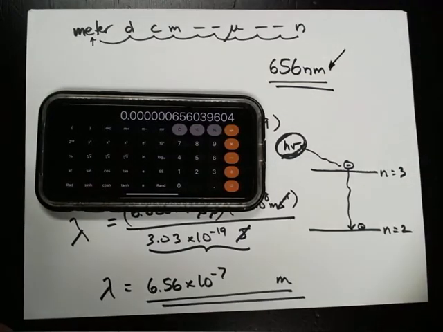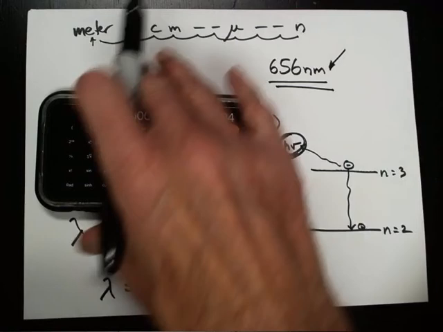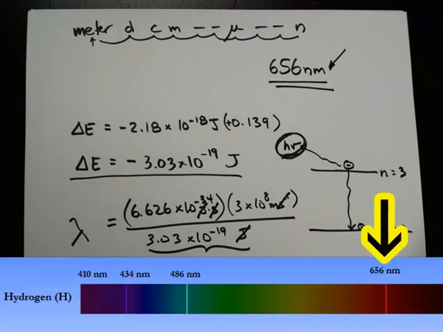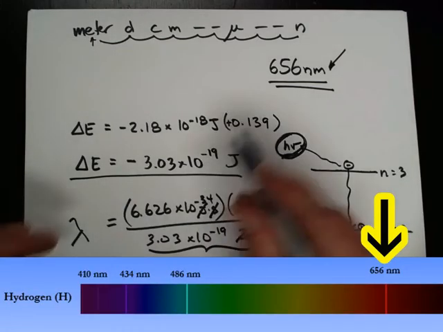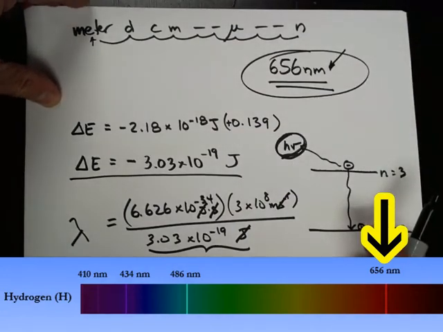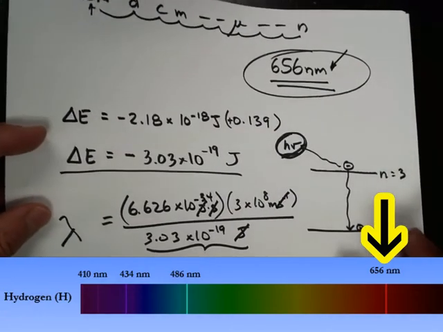I remember that number from somewhere. That's right. This is the wavelength of light that the hydrogen atom gives off, or one of the wavelengths of light that the hydrogen atom gives off. You might remember that, 656 nanometers. It's actually red light.